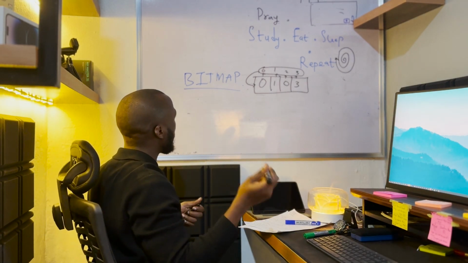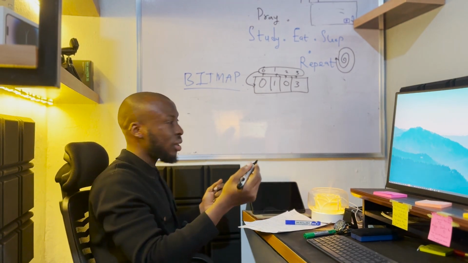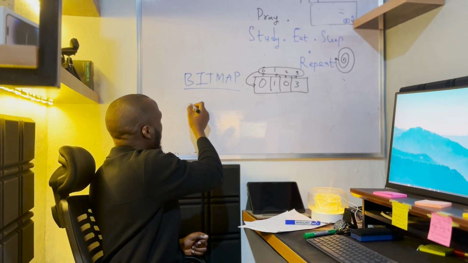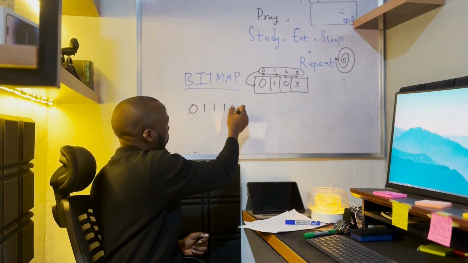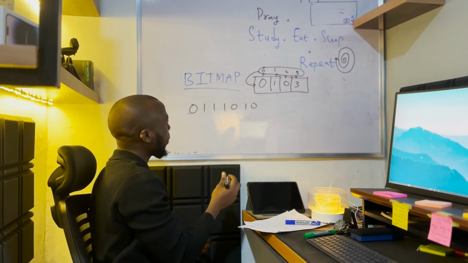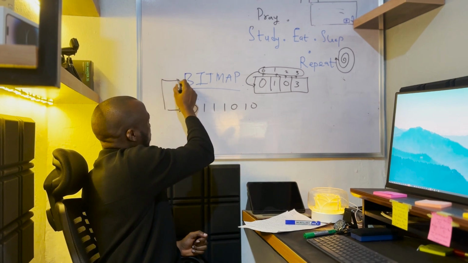Okay, so for example, let's say we have this. So 1, 0, 1, 0, 1. Now let's say this is what we call a bitmap.